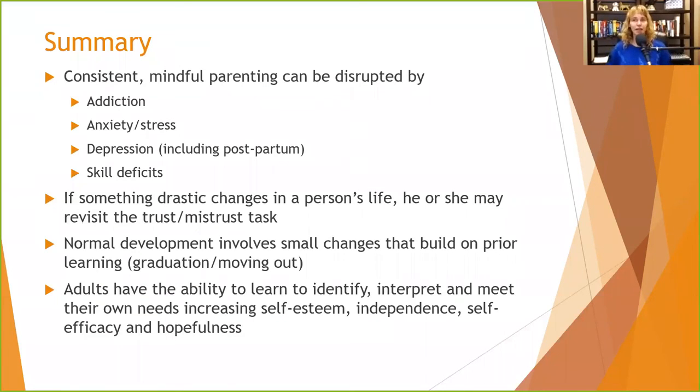Consistent mindful parenting can be disrupted by addiction, mental health issues, or skill deficits. It is really important that we educate parents, not only moms, but dads, grandmas, anybody who's a caregiver with an infant, about postpartum depression. A lot of women still feel very guilty and shameful if they start developing symptoms of postpartum depression.